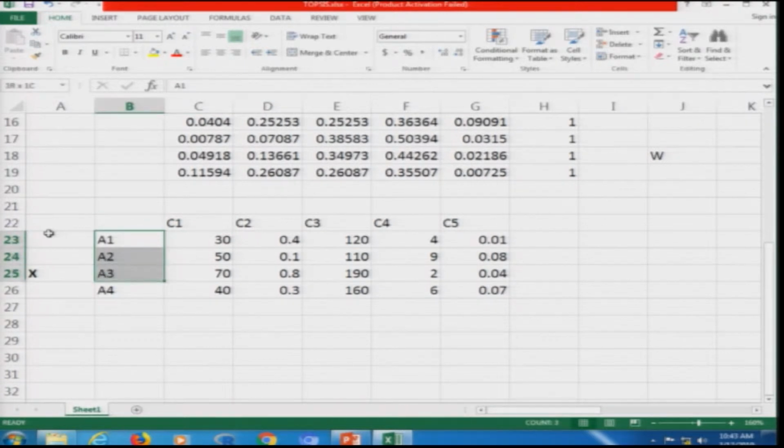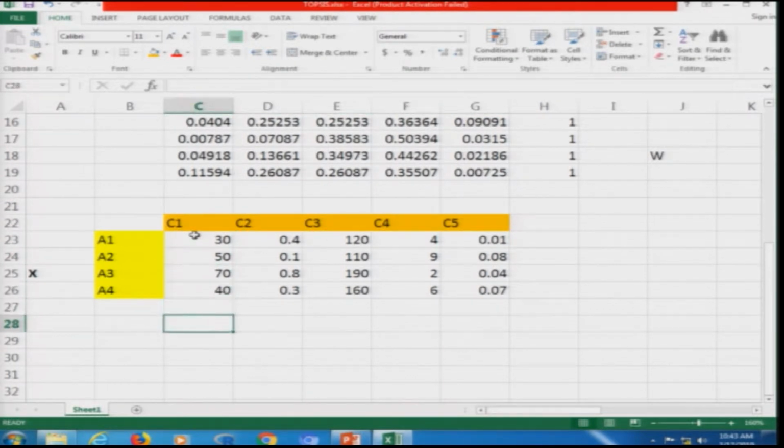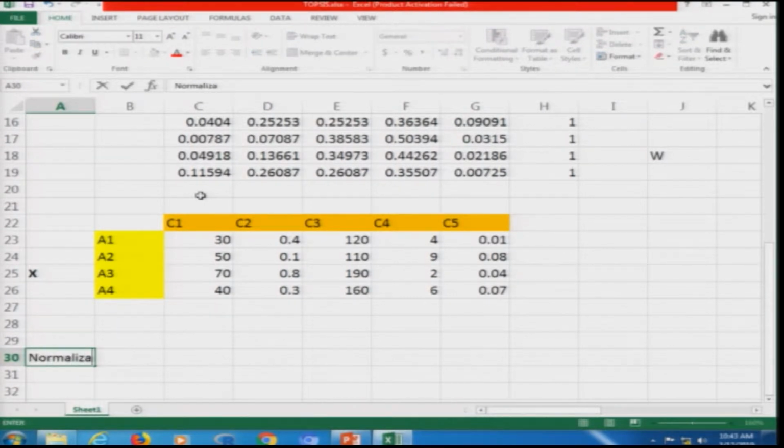So, I will mark these criteria with a color yellow. So this is done. Now, weights I will not take now. So, let us go one by one. I am basically finding it row-wise. So, let me use the first concept of normalization, Normalization number 1.